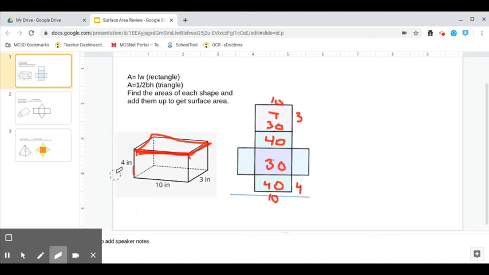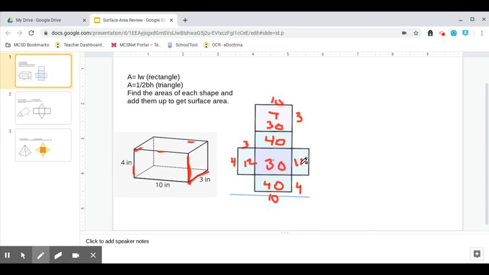Now if we look at our sides, we have a 3 going that way, and the other side goes up, and it is 4, the dimension going up. So it is 3 by 4, which is 12. Now I found all 6 sides, so I'm just going to add them up. 30, 30, 40, 40, 12, and 12.